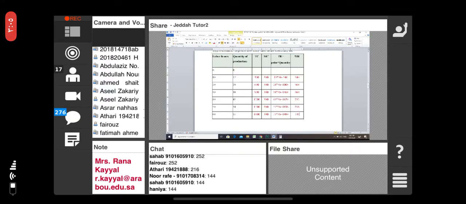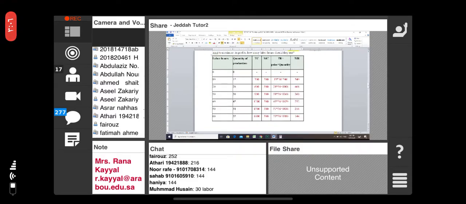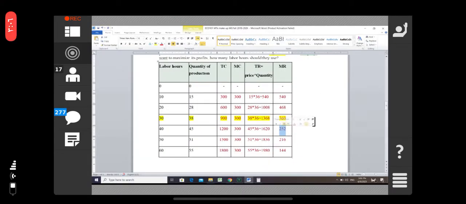Okay, thank you. So now our question was how many labor hours should we use? How many labor hours should we use? 30 labor hours, which is at this level I have the marginal revenue more than the marginal cost. Why is that? After that, marginal revenue becomes less than the marginal cost, and usually I'm not interested in producing at this level. Okay, thank you.